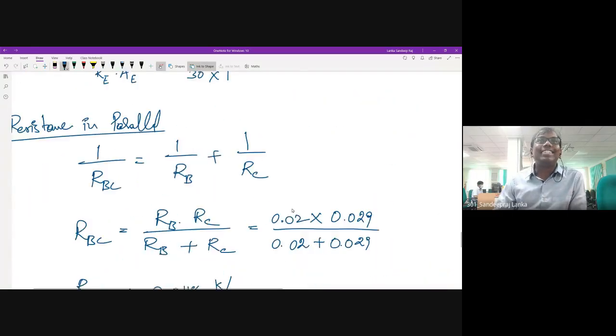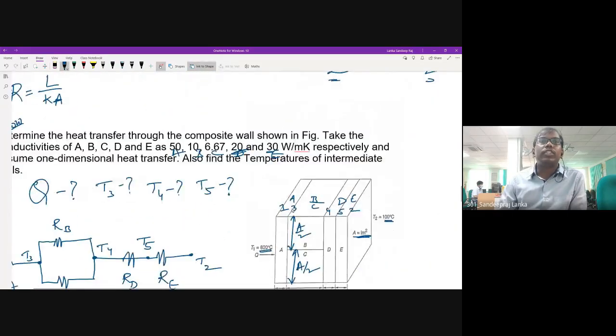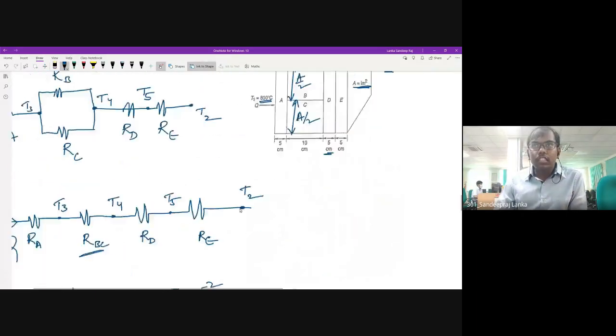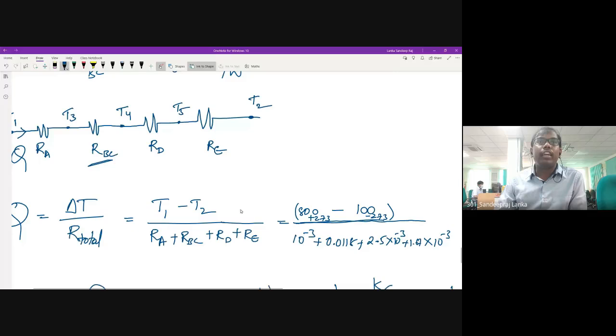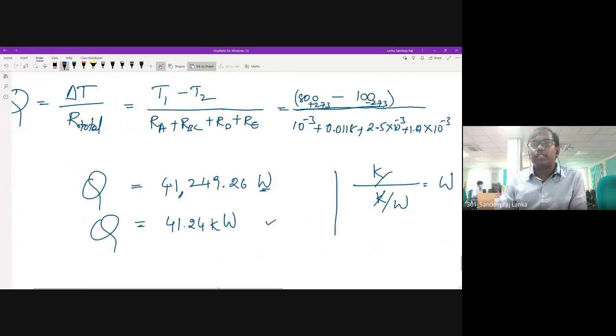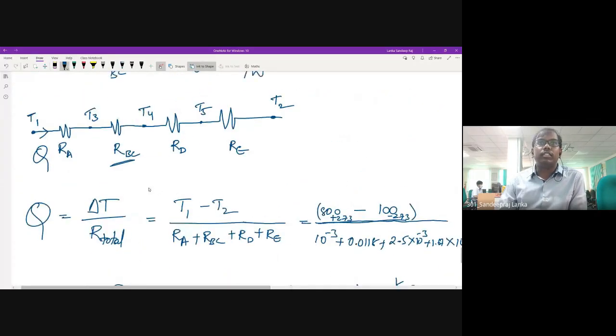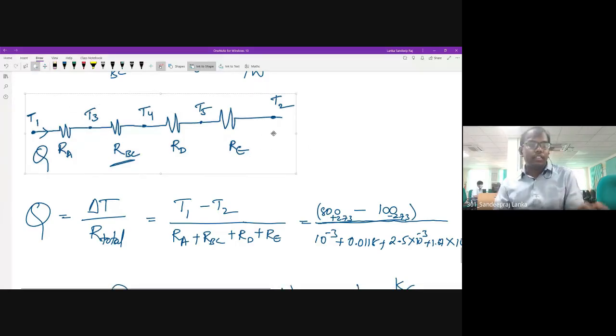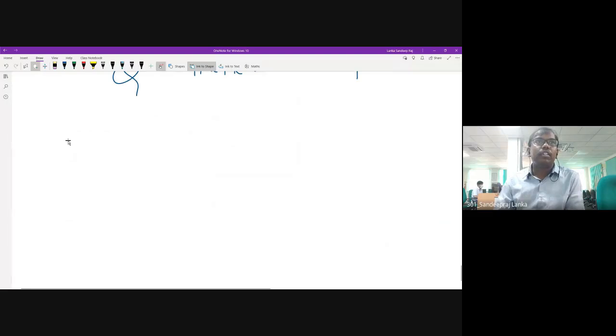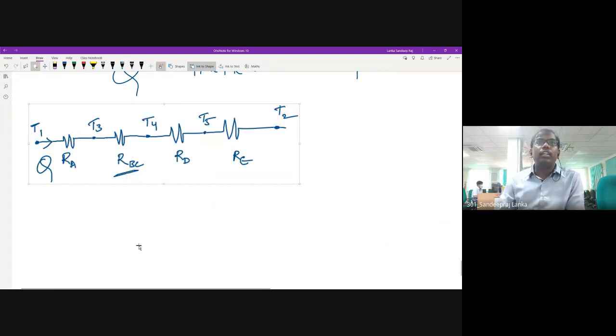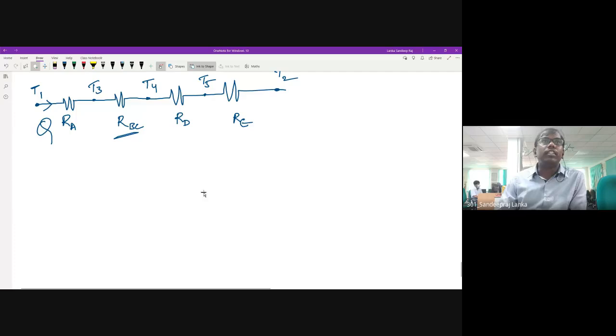So what else is he asking you to find? He's also asking you to find T3, T4, and T5. Again, looking at your resistance circuit, you have written that Q is equal to delta T by R total.